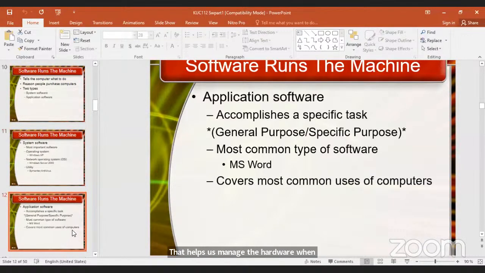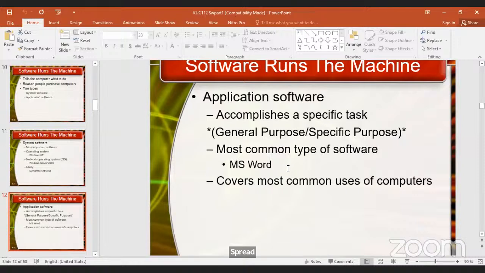On the other hand, we have application software. These are software that are written by programmers to accomplish a specific task. So we have two types of application software. We have general purpose and specific purpose application software. And for the most common types of application software, we have Microsoft Word, PowerPoint, Publisher, and spreadsheets.